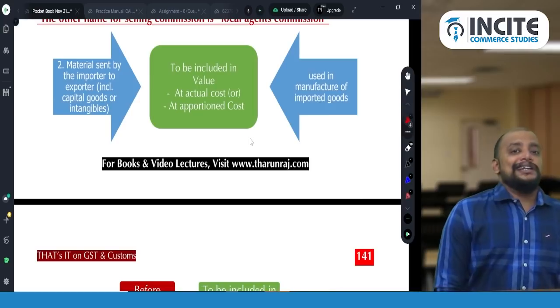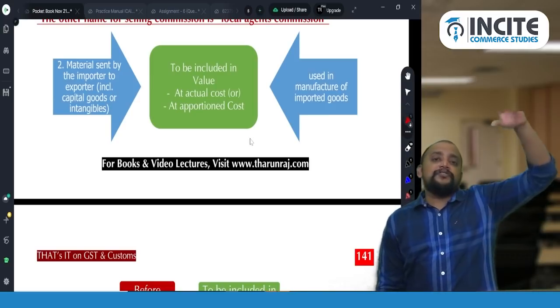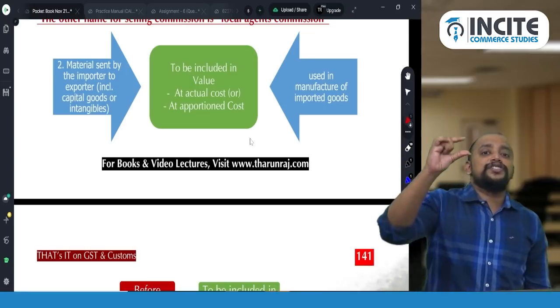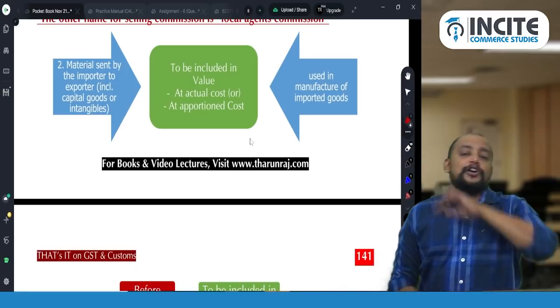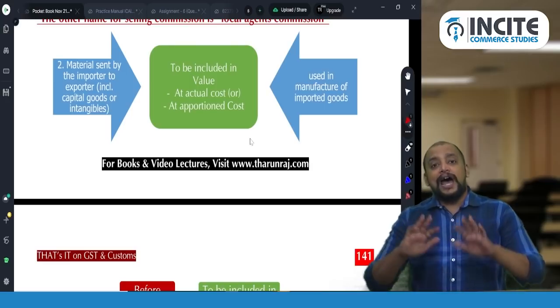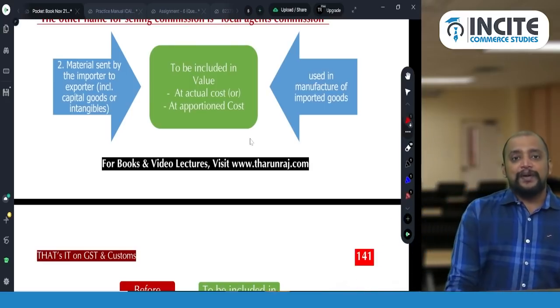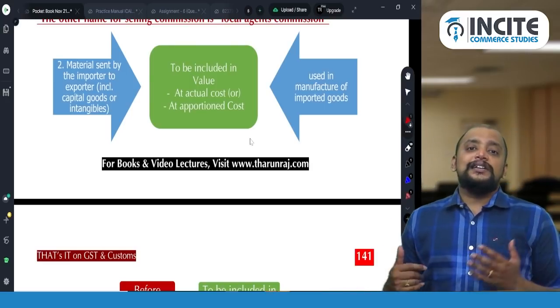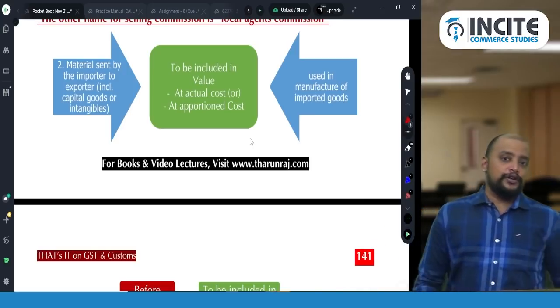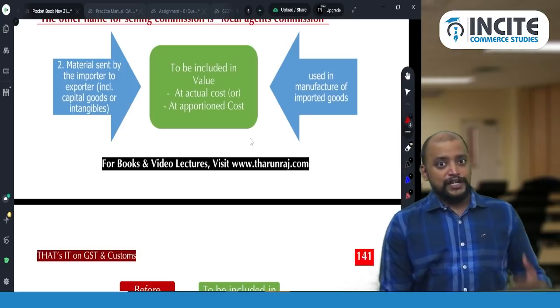So a raw material the importer is sending, the manufacturer outside India will convert it into finished goods and send. So in the finished goods invoice price, definitely raw material cost will not be taken, because it is sent free of cost by the importer. But we need to add that material cost into the price, because we need to ascertain the real value, the true value of the imported goods. So in the true value of the imported goods, we need to include that.